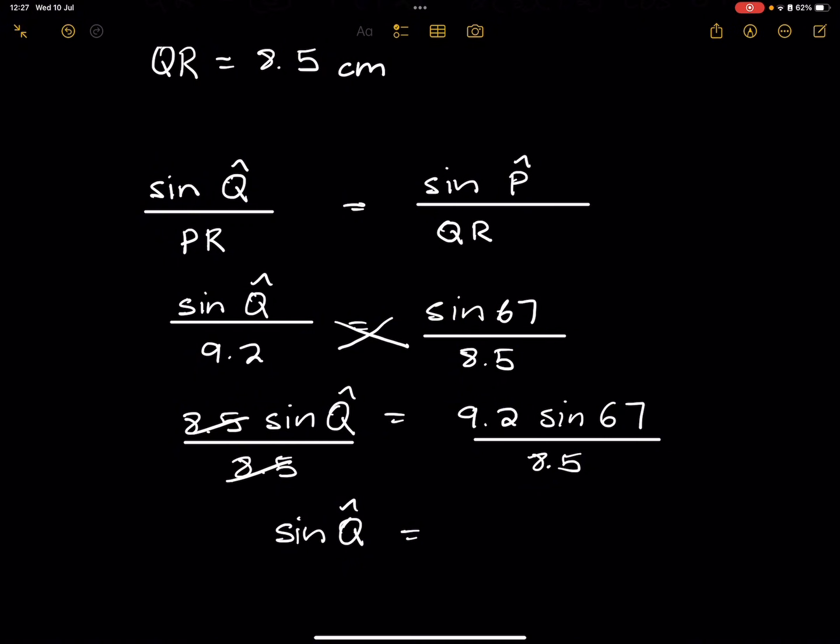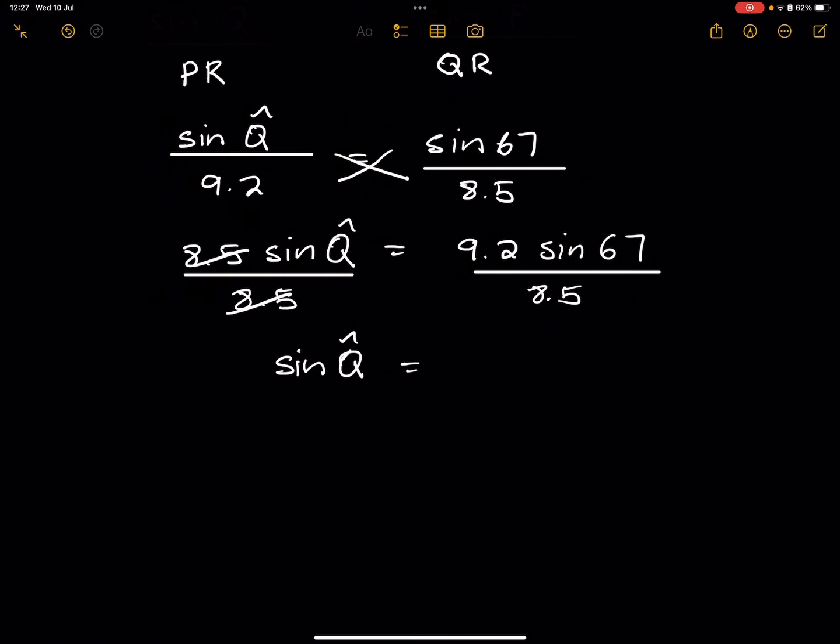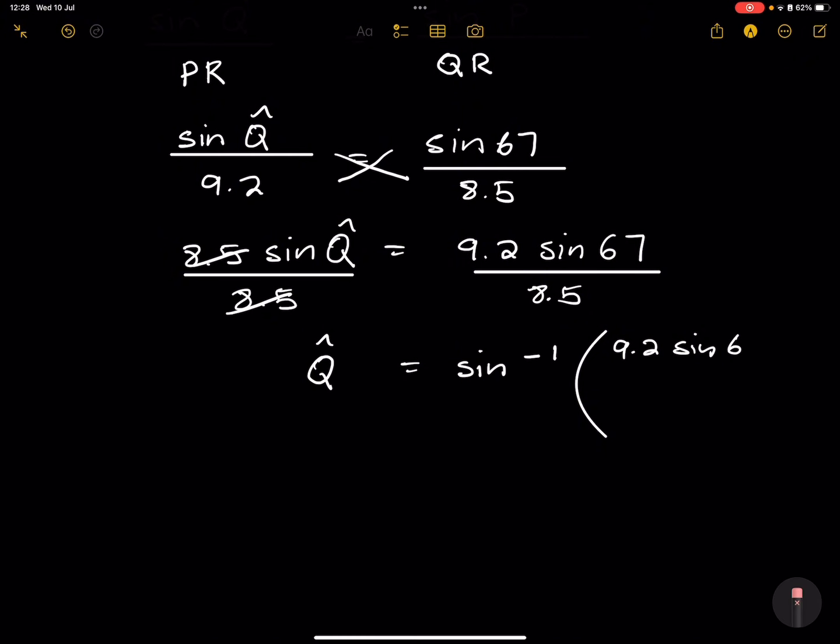But when I'm looking for an angle, angle Q would be the arc sine. We find the angle by taking the arc sine of this entire thing, so I'm avoiding having to round off. So 9.2 sine 67 divided by 8.5.